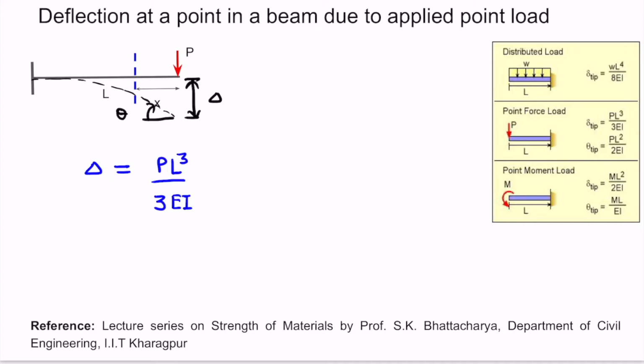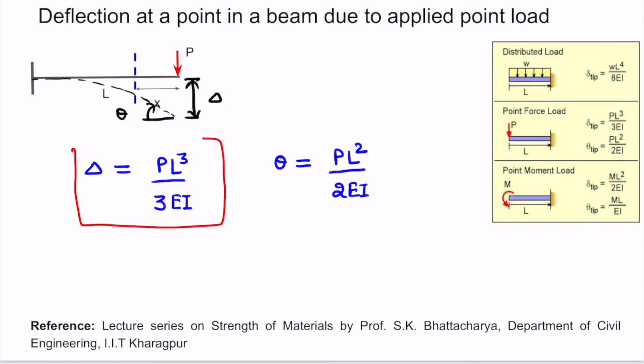What will be the value of theta? The value of theta, that is the slope at the free end, will be P, that is the load, times length square divided by 2 times the flexural rigidity of the beam. So these two formulas we should remember for solving this problem.